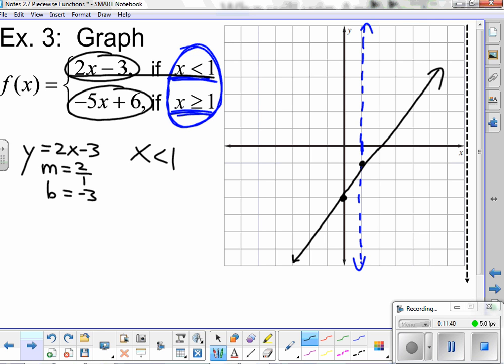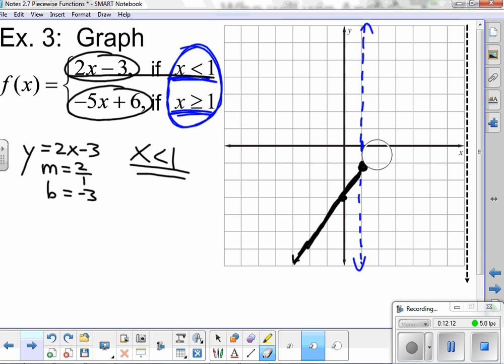Now, if you see where this line gets broken, that's why we call it a break line, right where it touches that blue line. So now we have a right side of this line and a left side of this line. We're going to look at our domain restriction, which says x is less than 1. If you think about a number line, less than symbol means you're looking for values on the left. So since I want values on the left, I'm going to keep this left side of the line, and I'm going to discard the right side of it because it doesn't say it wants greater than 1, it wants less than 1.